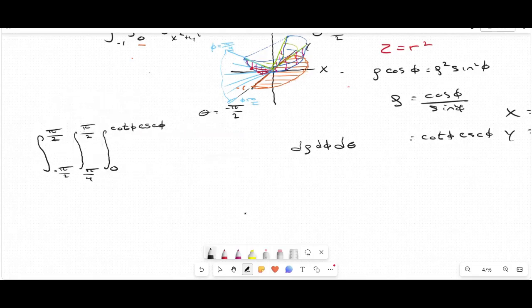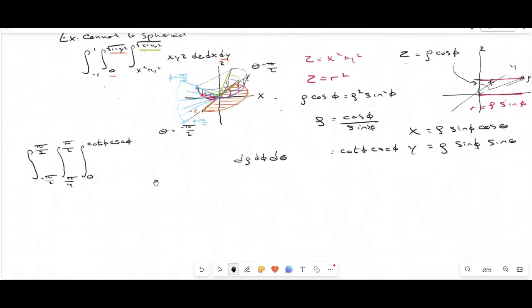My integrand was x, y, z. So x times y times z is rho cubed. Here's z, here's x, here's y. What else do I have? Sine squared phi, from this sine and this sine, times cosine phi.